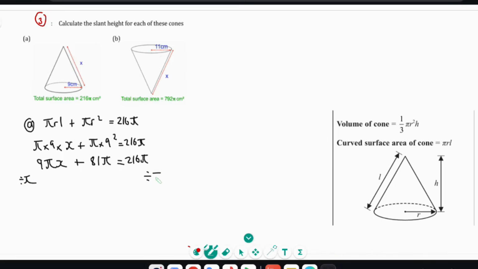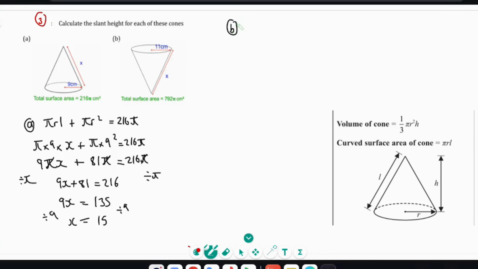Every term here has a pi in, so you can divide everything by pi, which leaves us with 9x plus 81 is equal to 216. Then we can simply take 81 off both sides and divide both sides by 9. Which gives us x is 15.